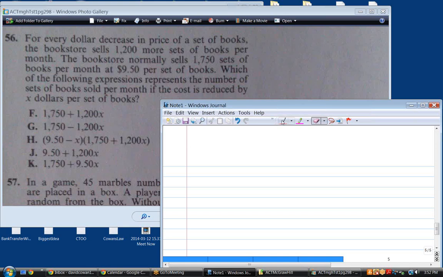Okay, so they sell 1,750 times $9.50, right? That's their current revenue.